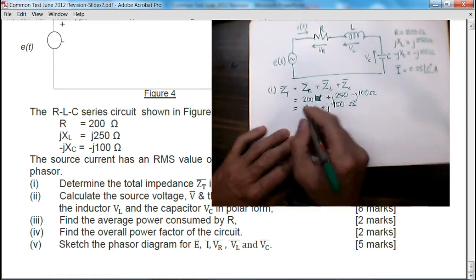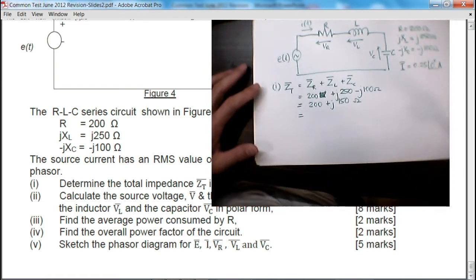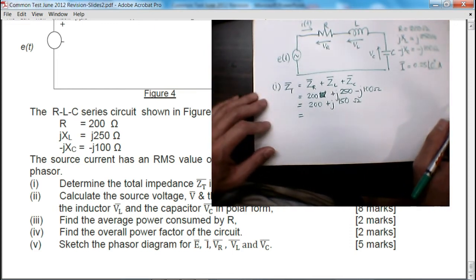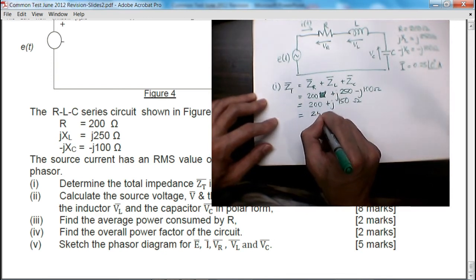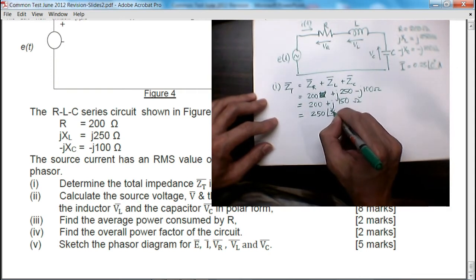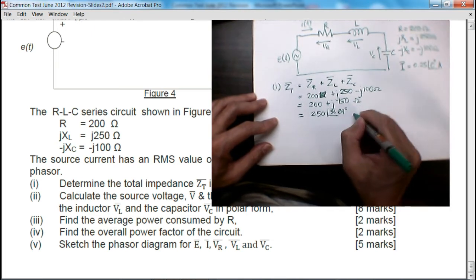Okay, that's rectangular form, so I convert that to polar form. In polar form, it will come out as 250 at an angle of 36.87 degrees.